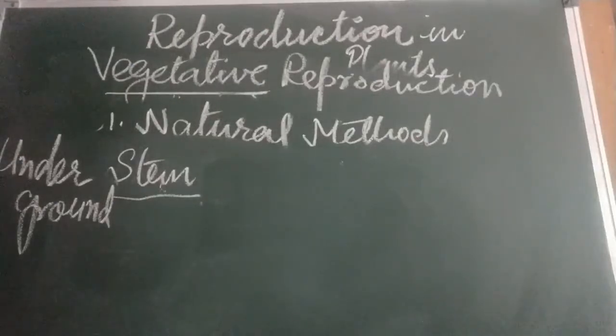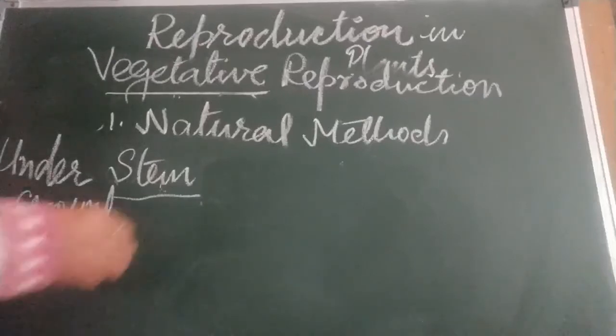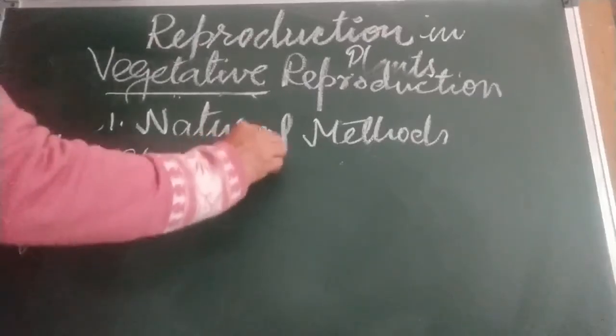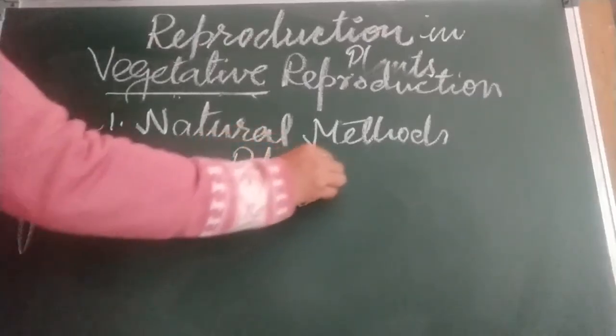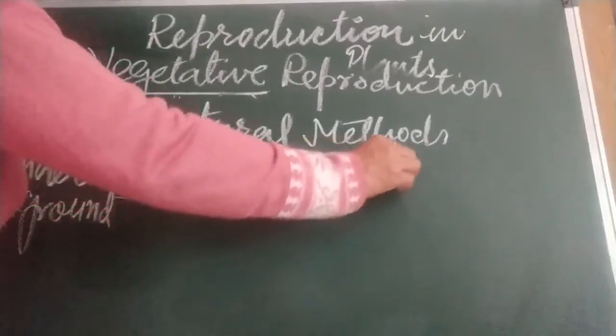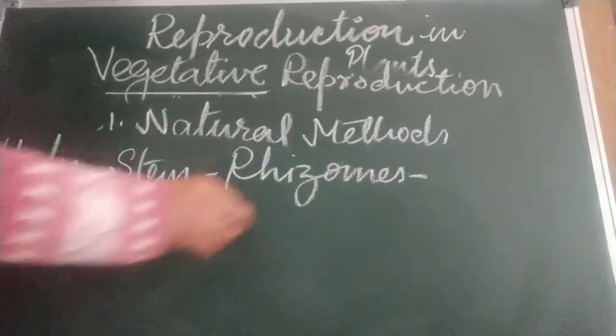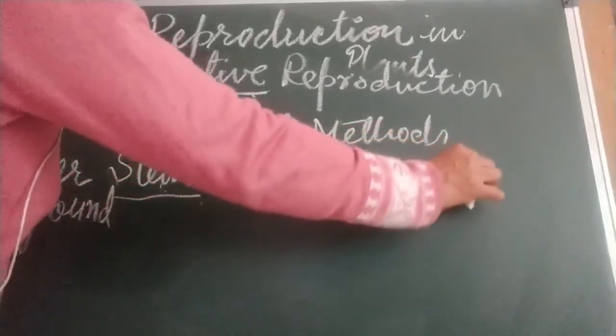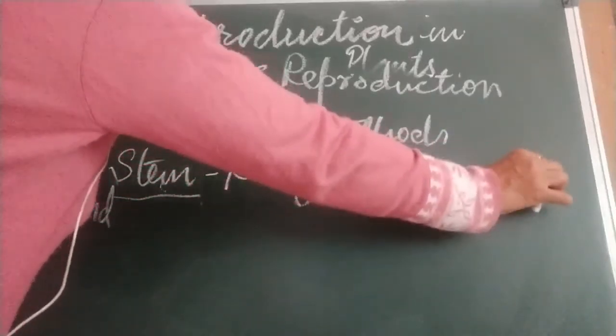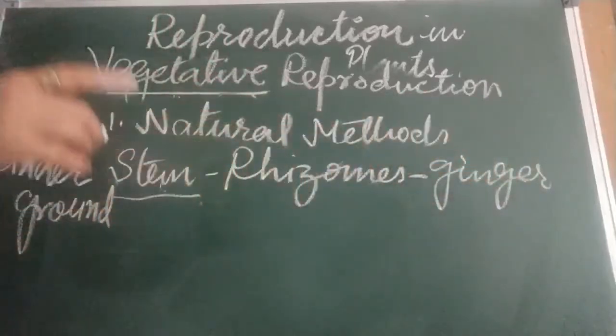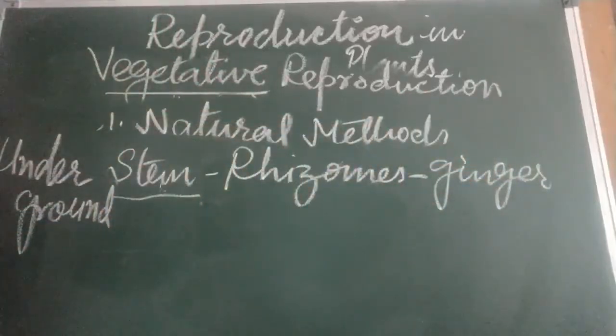The different types of underground stems are, first is rhizomes. Example of rhizomes is ginger. Children, as I told you, a new leaf comes out from the node.